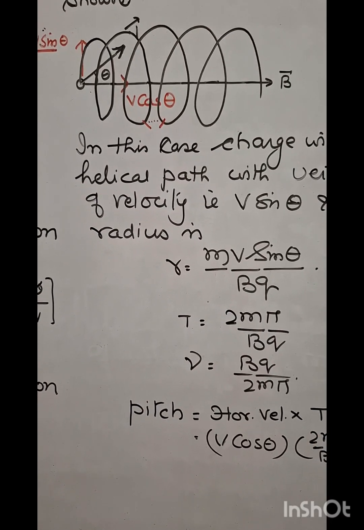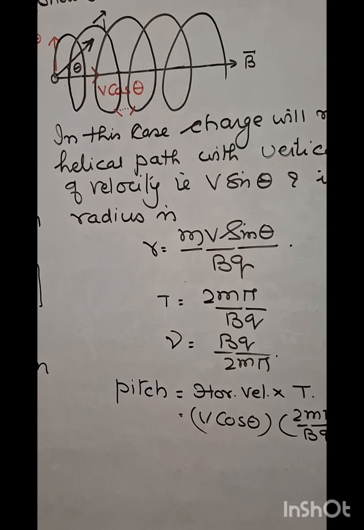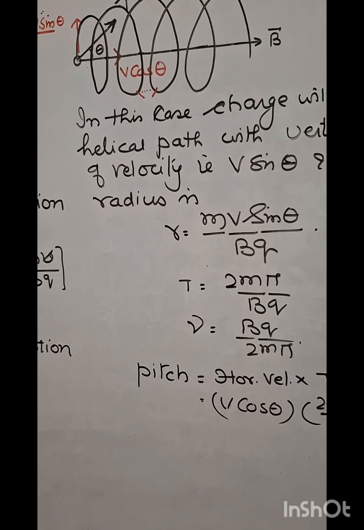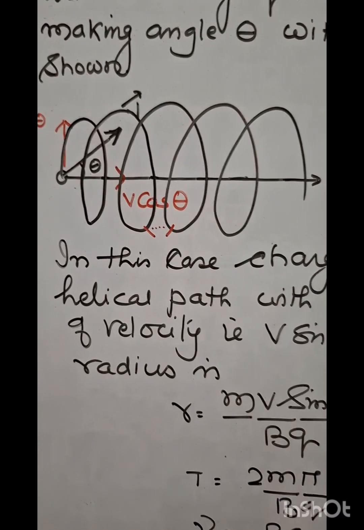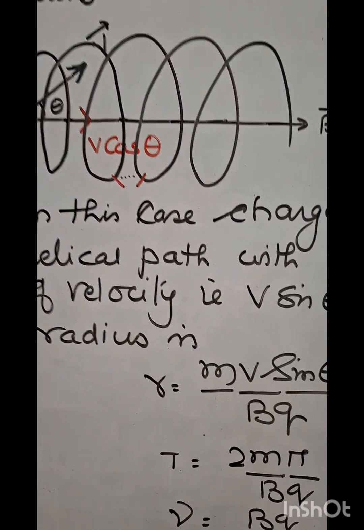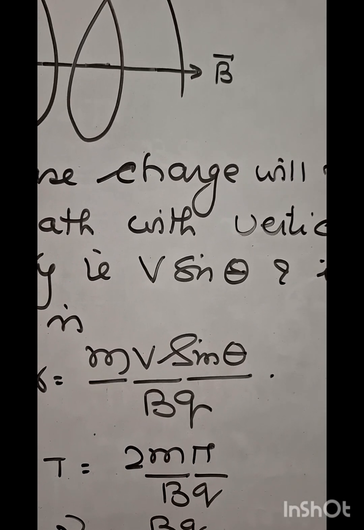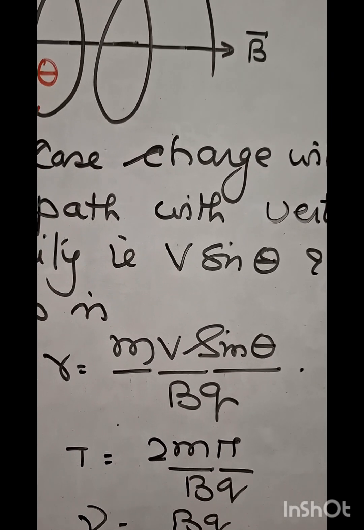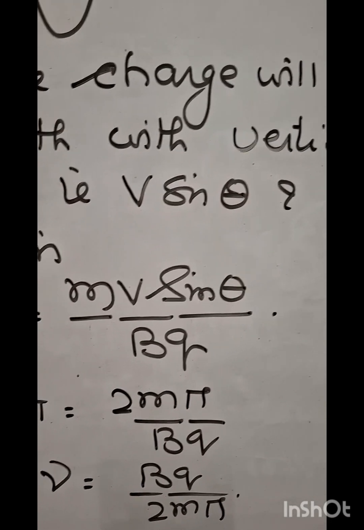Charged particle is moving in circular path, side by side in horizontal path also. That's why the path followed by the charged particle will be of helical shape. V sin theta is perpendicular to magnetic field.